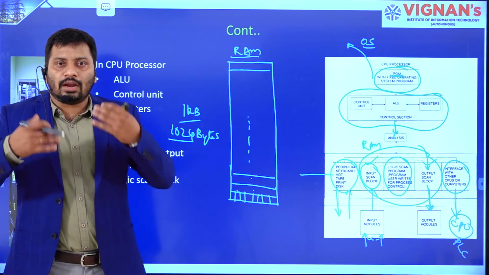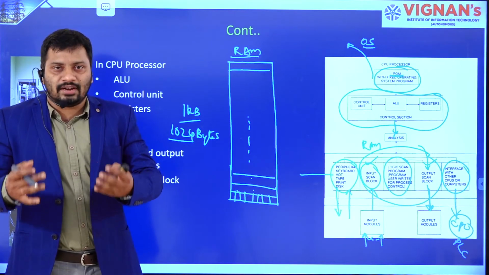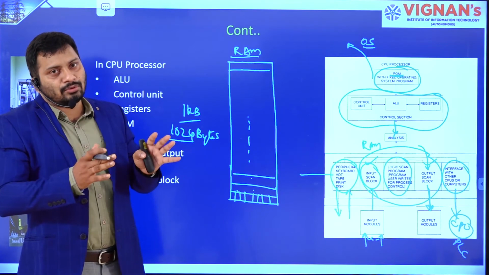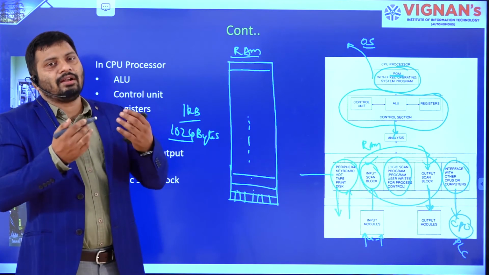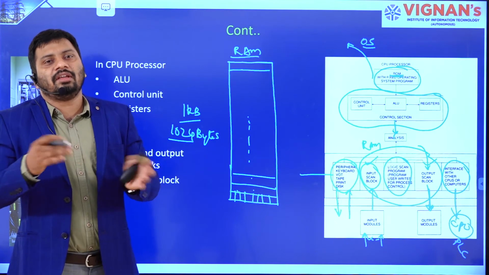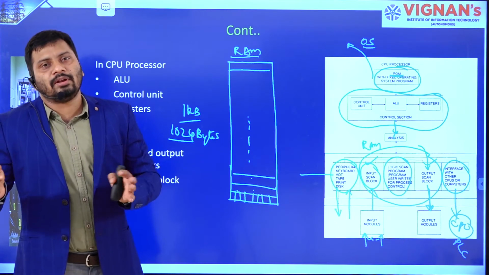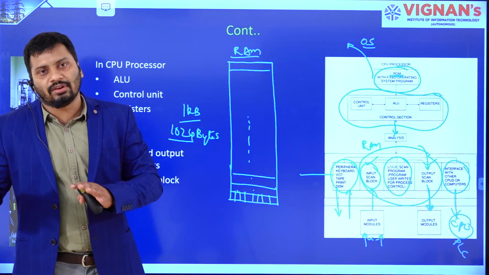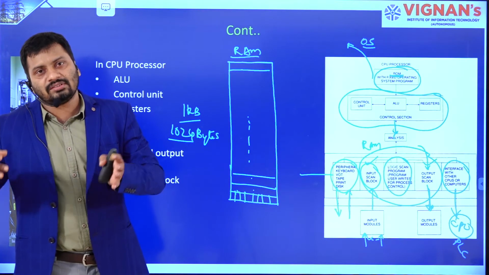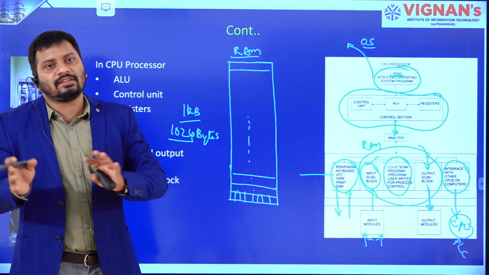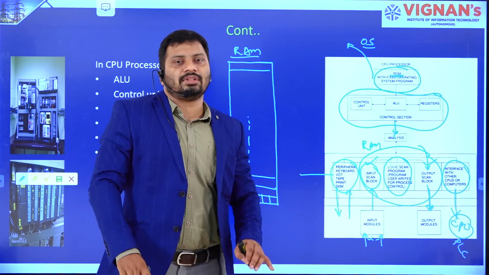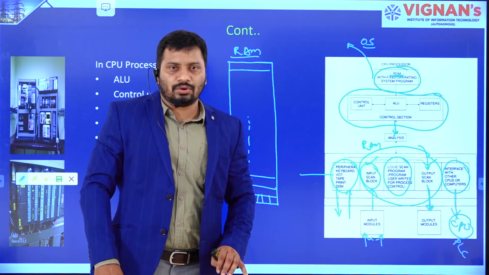The user program is also binary code. Internally it is stored in the RAM, but the front end, how we write the program, may be different. In a microprocessor or controller you write in assembly language, C language, or higher-level languages, but that is converted into binary code, and that binary code is stored in the memory.